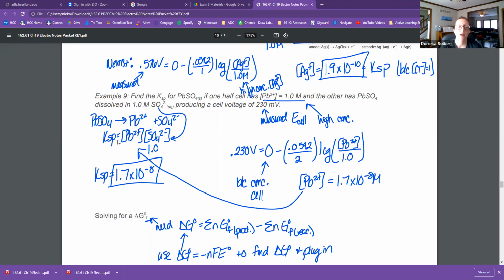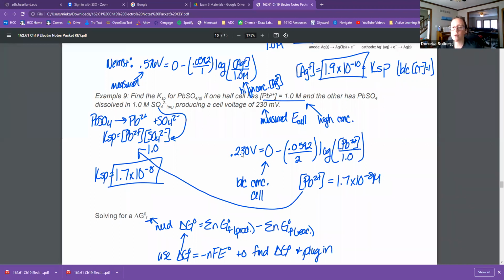So what I did is I first measured the E cell. I got 230 millivolts, which is 0.230 volts. Milli just means one thousandth, so I converted that to regular volts. I did 0.230 volts equals 0 because it's a concentration cell, minus 0.0592 over 2 electrons being transferred because this is lead 2 plus going to lead solid, times the log of low concentration over high.